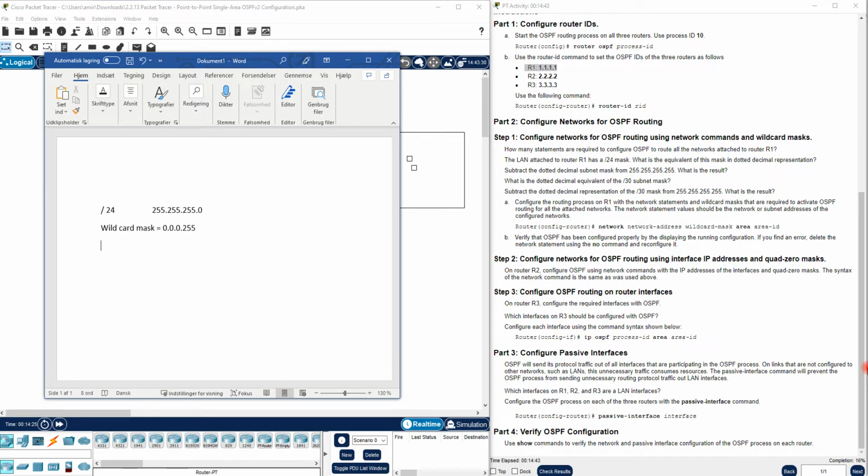And what about, for example, /30? 255.255.255.252. And to calculate the wildcard mask, you should write here 255.255.255.255 minus 255.255.255.252. It should be 0.0.0.3.